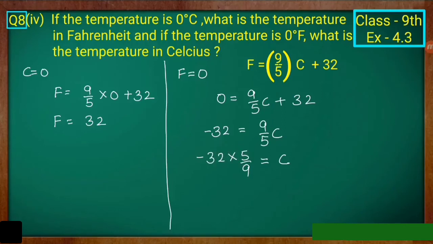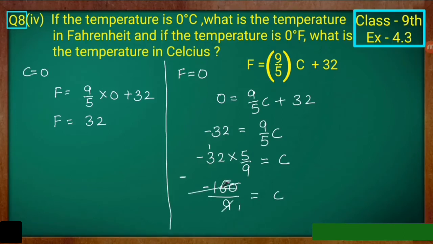So we will do the multiplication. Minus 32 by the 5. 32 into 5: 5 twos are 10, 1 is carry, 15 plus 1, 160. This is minus 160 upon 9. So Celsius equal to minus 160 upon 9 when Fahrenheit is 0.